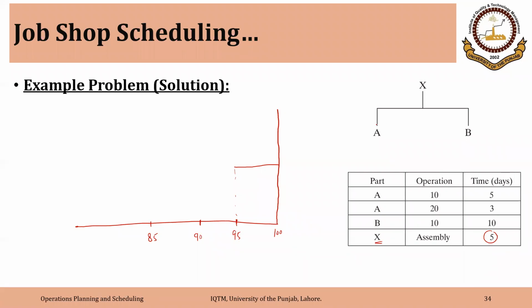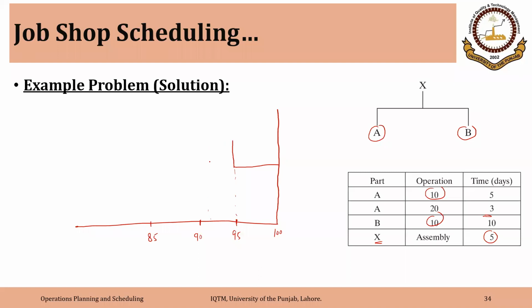Now you could see from this simple product structure that A and B can be processed in parallel, and we are assuming that a separate machine is available for A and B as well. A requires two operations, 10 and 20. Operation 10 will be performed first and then operation 20. Operation 20 requires 3 days.